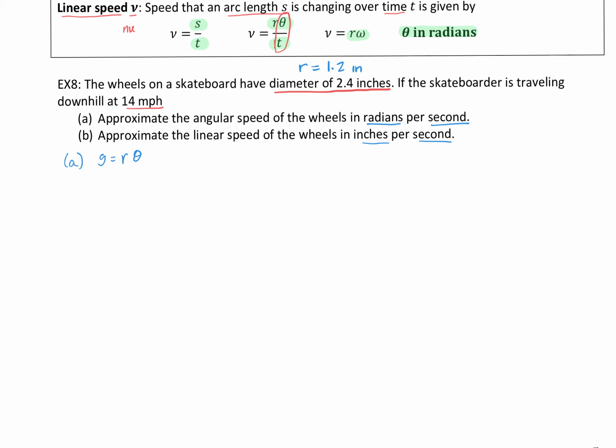I do have the arc length, and I can use that to find theta. If I divide both sides of the equation by r, I have that theta is equal to the arc length over the radius. So I have arc length, I have radius, I just have to do some crazy conversions and I'll be okay, because I know that the radius is 1.2 inches.